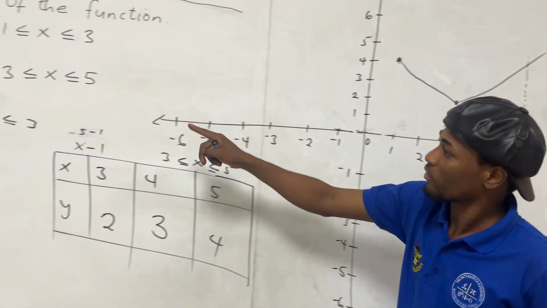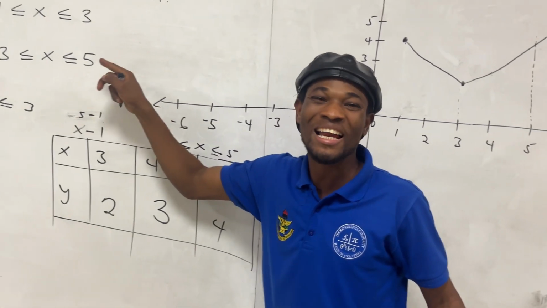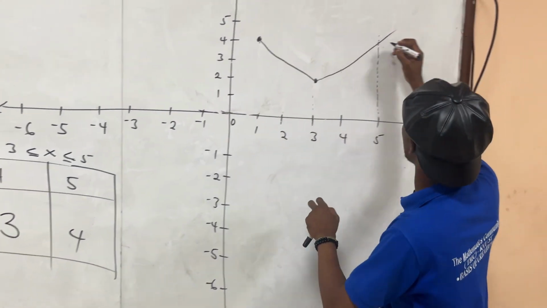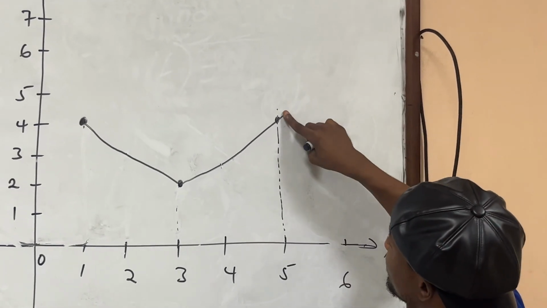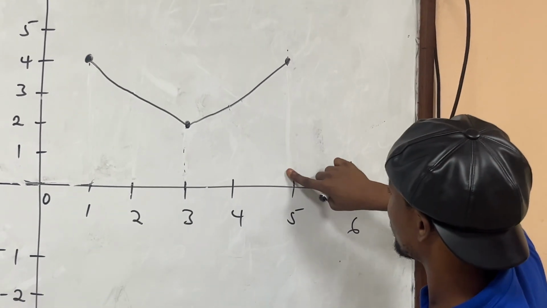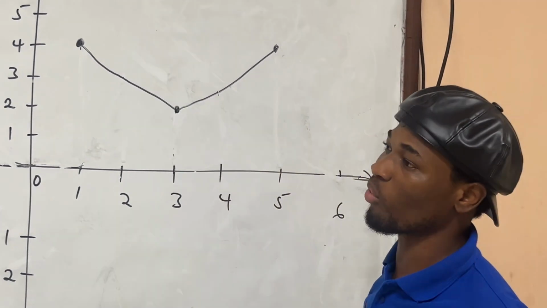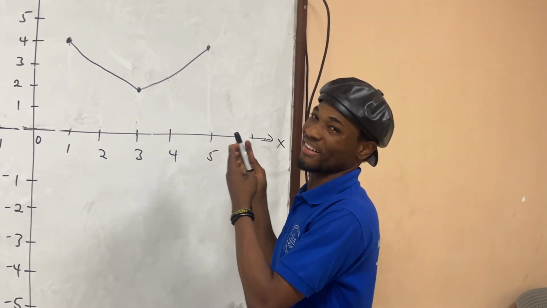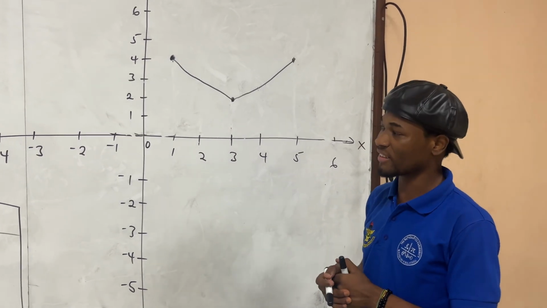Now, less than or equal to x, less than or equal to 5. That means I'll shade that end point to make the function defined. So somewhere here, good. There it is. So you erase this. As simple as that. Viewers, so this is the graph of the function f of x.